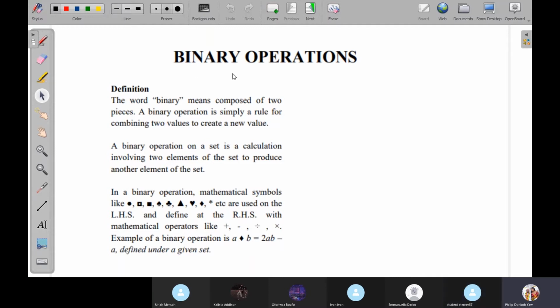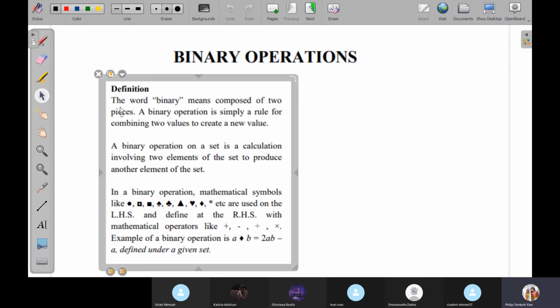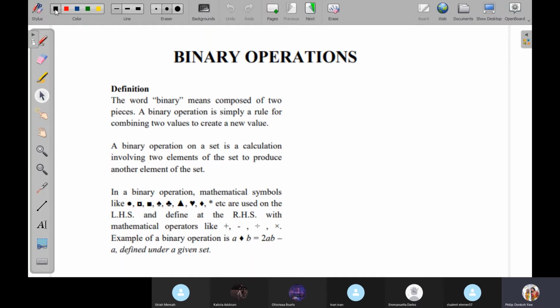The word binary means composed of two pieces. So binary operation simply is a rule for combining two values to create a new value. A rule that is used to combine two values to obtain another value, we say it's a binary operation.